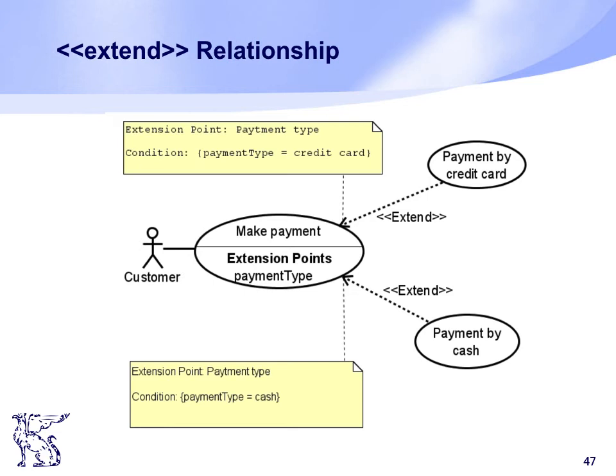When you are defining an extend relationship, the base use case should be able to perform a function on its own even if the extend use case is not called. The extending use cases are just supplementing the base use case. So payment by credit, payment by e-transfer, or payment by cash are supplementing the main use case, the base use case, make payment. So this is the extend relationship.